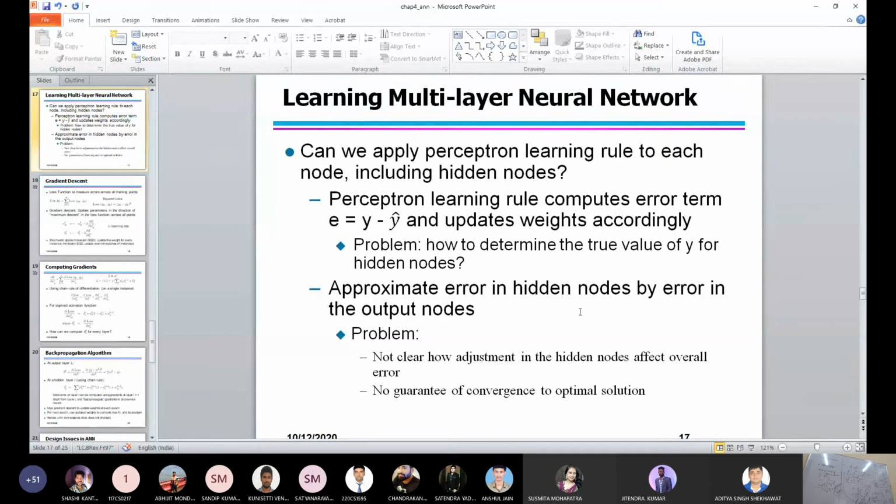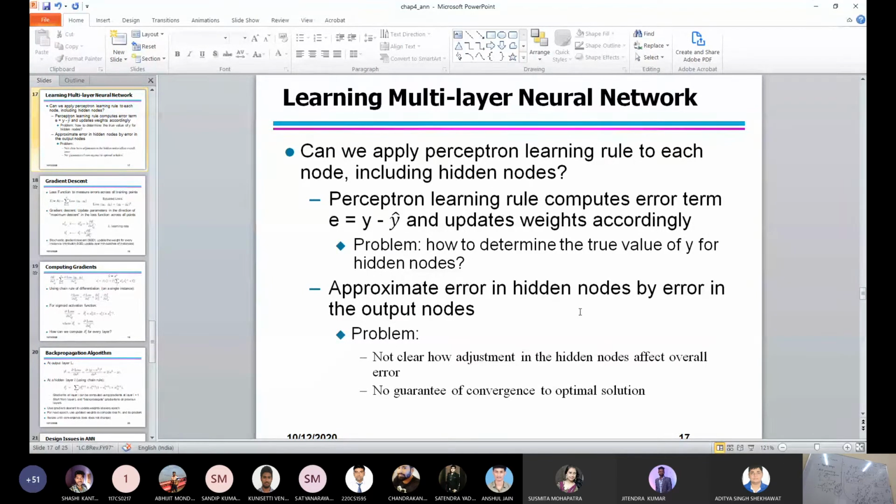But the problem is that now you have multiple perceptrons. In the earlier example, we had a single perceptron, so whatever output was coming, only that single perceptron was responsible. Now you have multiple perceptrons and you are getting a single output.